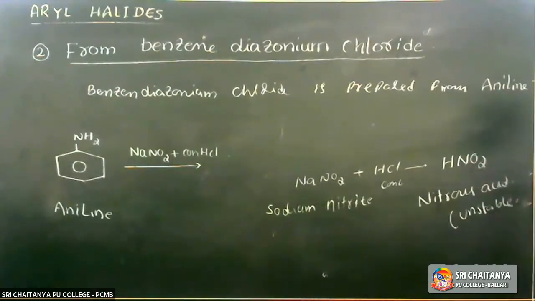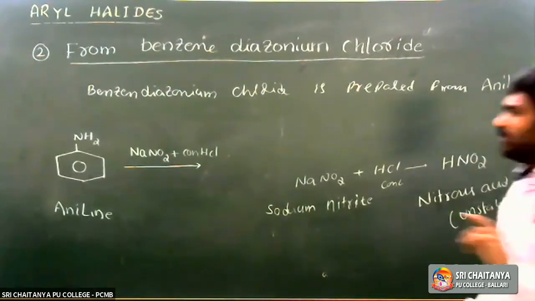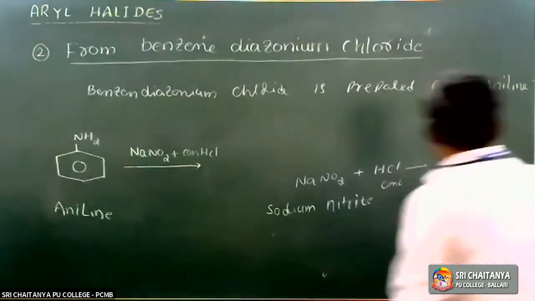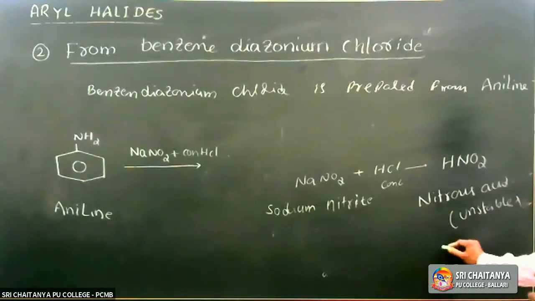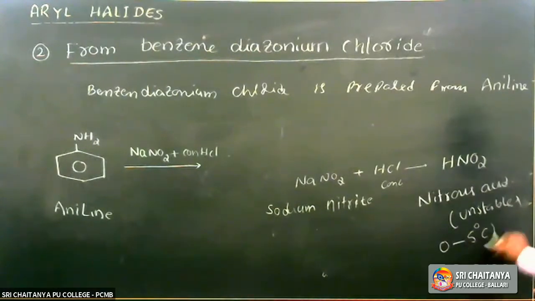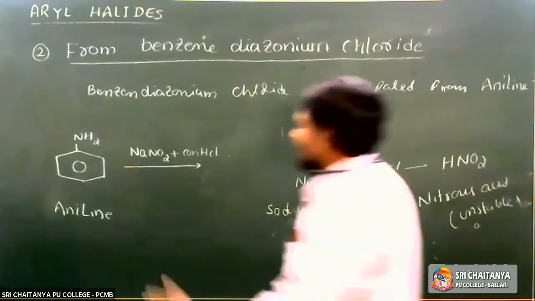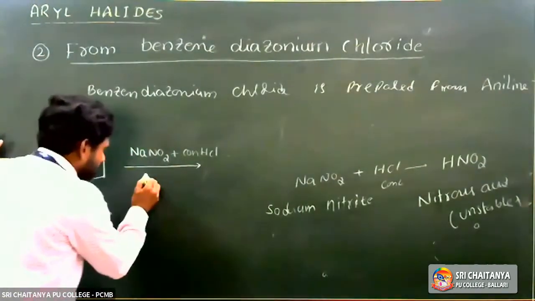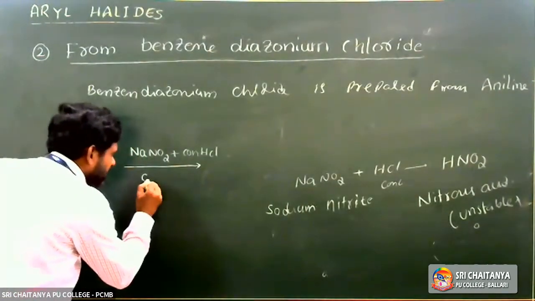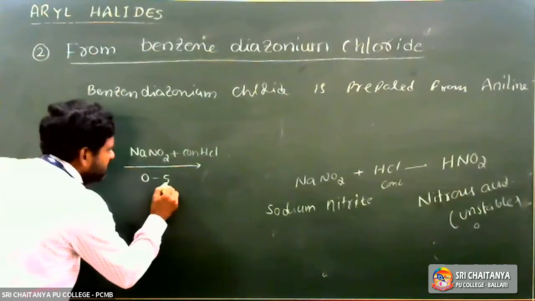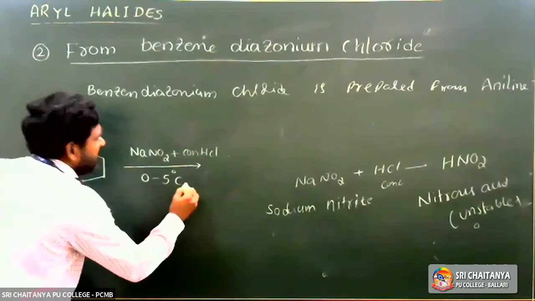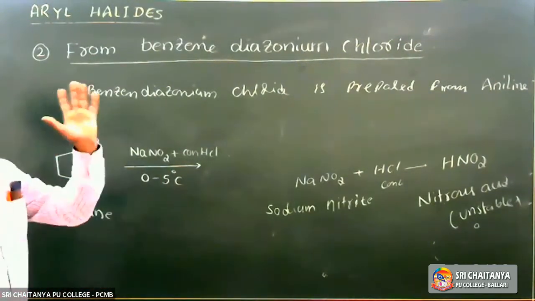It is stable only at ice cold temperature, 0 to 5 degrees centigrade. Hence, in the preparation of benzene diazonium chloride, 0 to 5 degrees centigrade, ice cold temperature, is required.